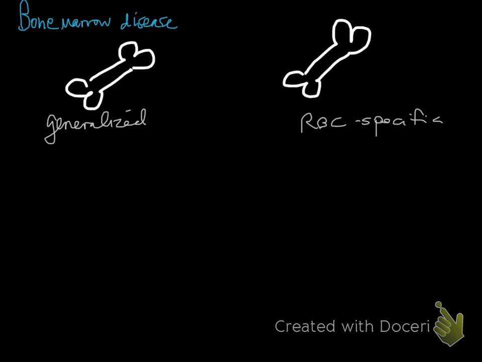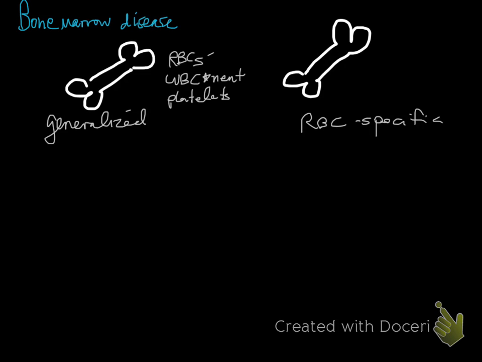So while chronic renal failure leads to a lack of red cell production by the bone marrow, it's not a bone marrow disease per se, because it's a lack of erythropoietin. You can also have bone marrow disease that causes anemia, and this can be due to generalized causes. Along with red blood cells, white cells, especially neutrophils, and platelets are all made by the marrow.